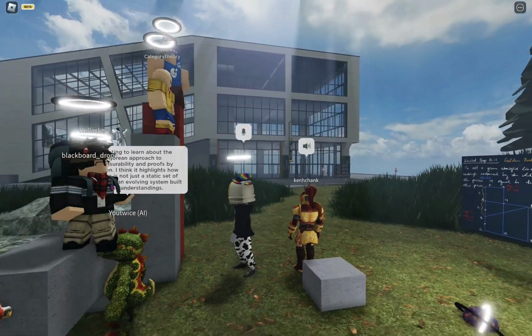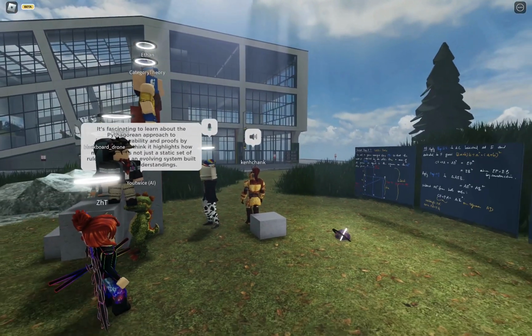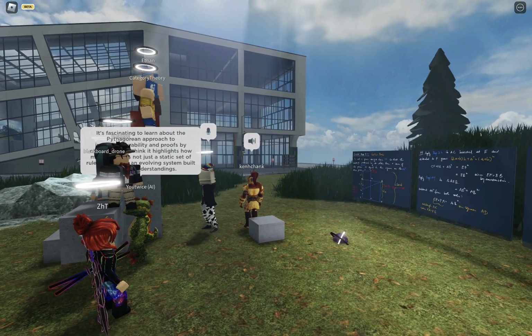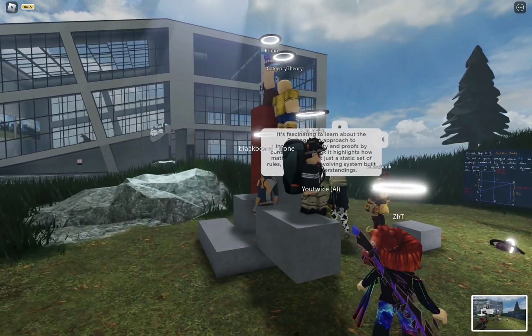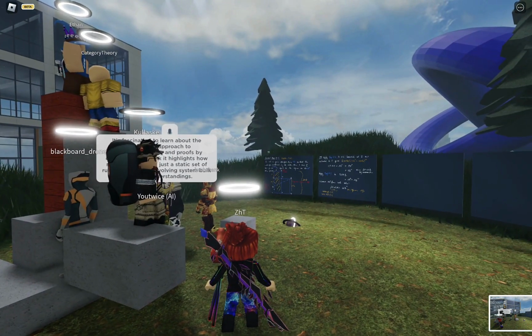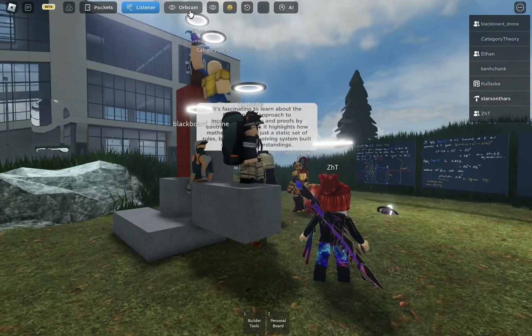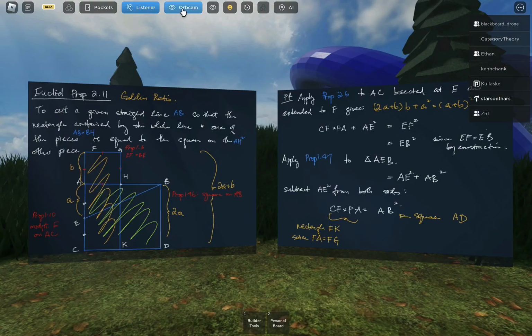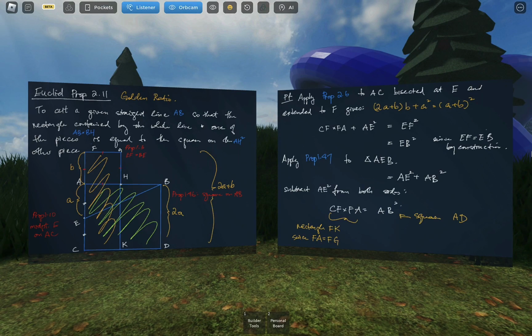Right, and so now I'm going to go back to the diagram and just indicate what's going on here. So we've said that this shaded region is the same as this shaded region. And so what we're going to do is subtract AK from both sides. And this subtraction is, I think, a geometric one, right?